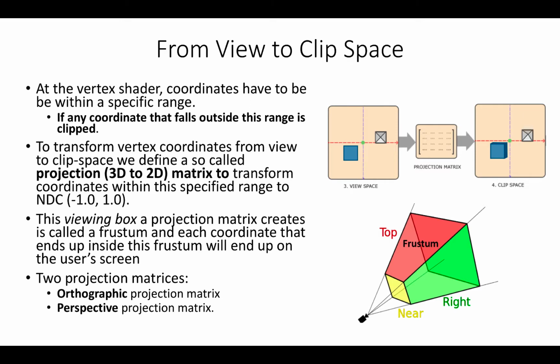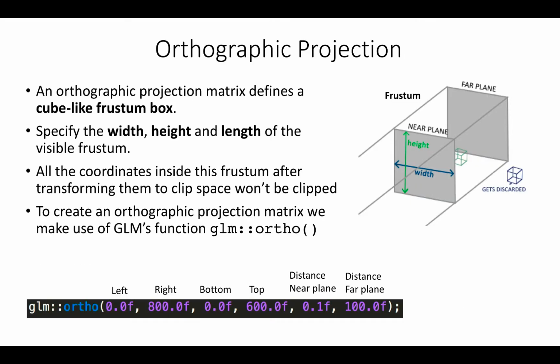The projection matrix to transform view coordinates to clip coordinates can take two different forms with different frustums. We can either create an orthographic projection matrix or a perspective projection matrix. An orthographic projection matrix defines a cube-like frustum box. It defines the clipping space where each vertex outside this box is clipped.